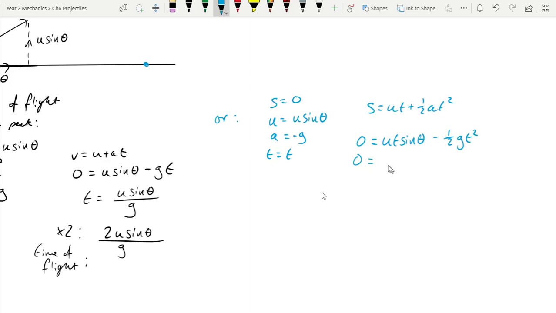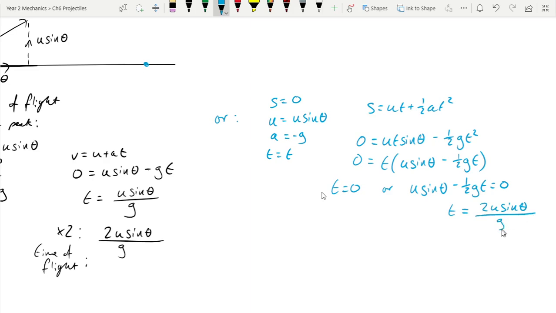I could factor out a t. Like that. So either t is 0, which is obviously at the start, or u sine theta minus half gt equals 0. And if you rearrange that, then you will get t equals 2u sine theta over g. So you still get to that same answer if you do it that way.